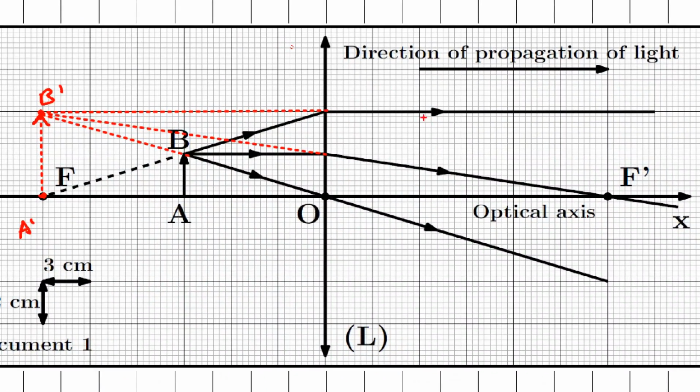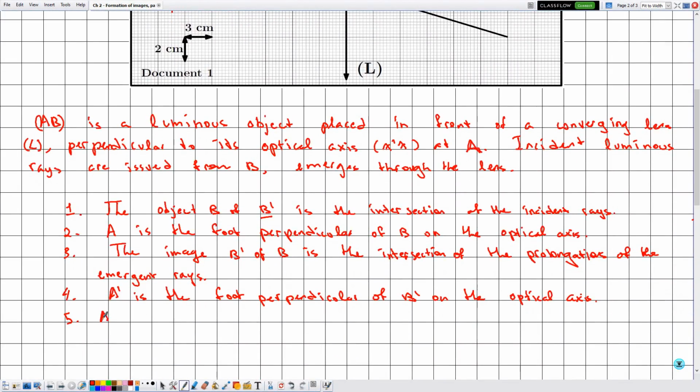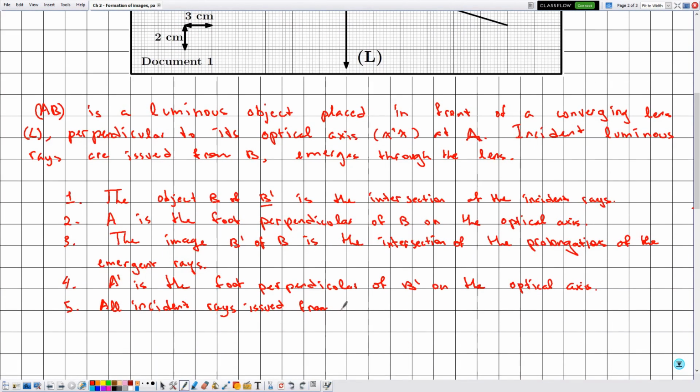Notice that all of these emergent rays emerge from the lens as if coming from B prime, and this comes from the fact that all incident rays issued from B emerge as if coming from B prime.